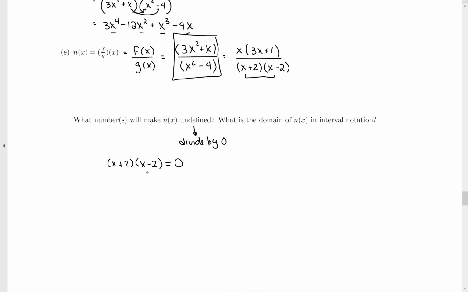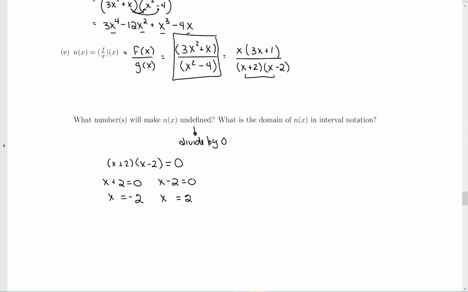So I'm really solving this equation, x plus 2 times x minus 2 equals 0. Set each factor equal to 0, solve for x, and these two numbers will make your fraction undefined, -2 and +2.